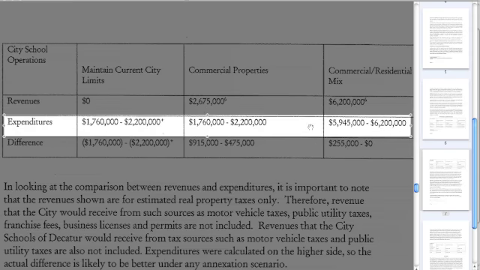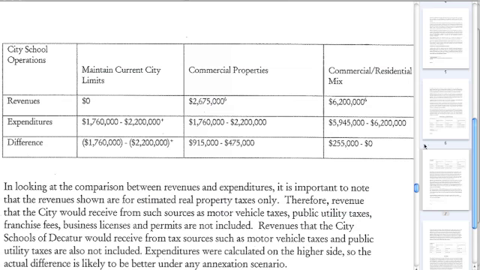When we're talking about school expenditures, they are almost wholly dependent on how many students would be coming in with annexation. The more students that are coming in, the more expensive it is. The revenue doesn't increase, but the expenditures go up, okay? So whether it's financially advantageous depends very much on how many students are coming in through annexation.